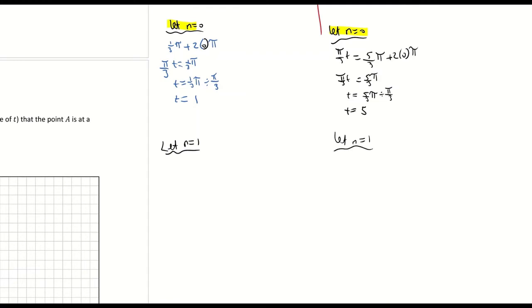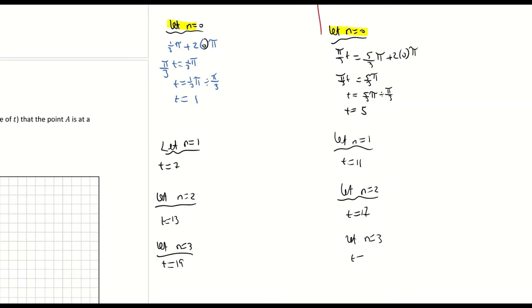When I let n is equal to 1, I get t is equal to 7 and t is equal to 11. When I let n is equal to 2, I'm getting t is equal to 13, t is equal to 17. When I let n is equal to 3, I'm getting t is equal to 19, t is equal to 23.